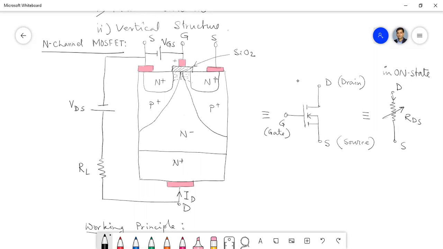Okay, and why are we writing this arrow? Why is it a variable resistance? Because how much current you will allow to flow, you can control by the gate to source voltage. The magnitude of gate to source voltage, if we increase that, then you can increase the depth of penetration. That means more negative charge will be developed in the p layer.